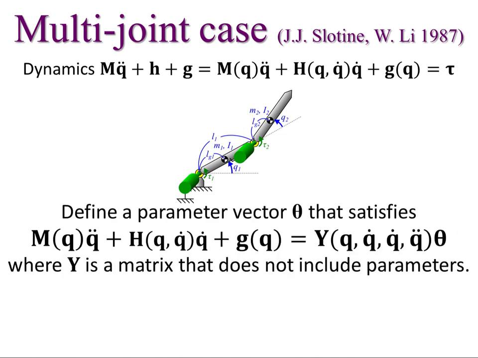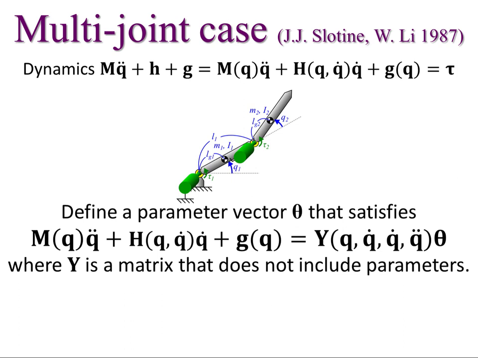Another characteristic of the robot dynamics is that the robot dynamics can be expressed as the product of the matrix Y and a parameter vector theta as in this equation, where this matrix Y is a matrix that depends on the joint angle, angular velocity, and angular acceleration, but does not depend on the parameters of the robot.